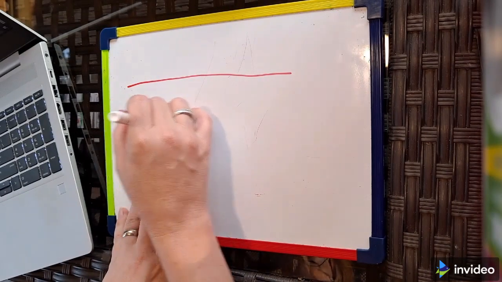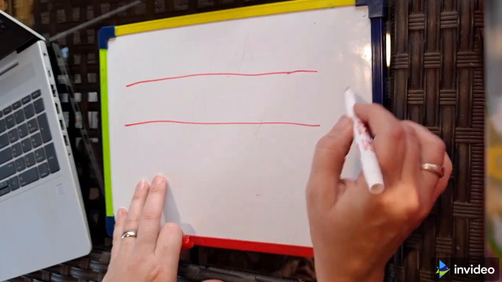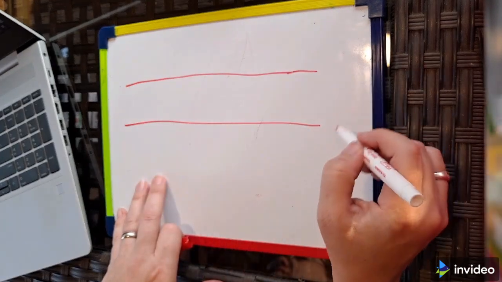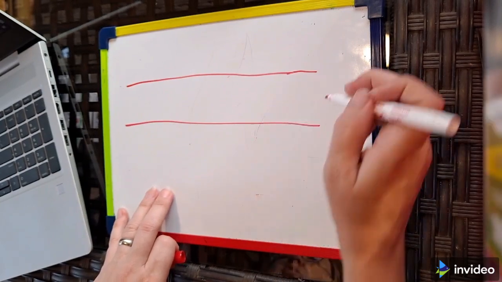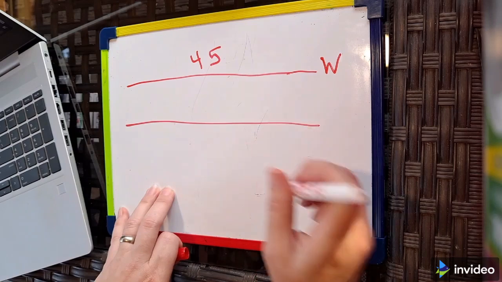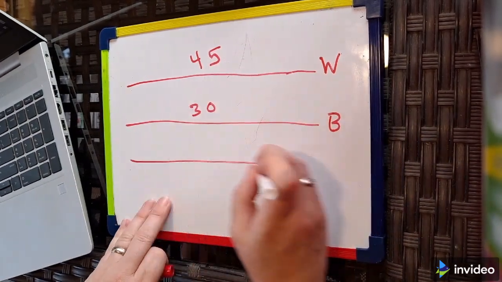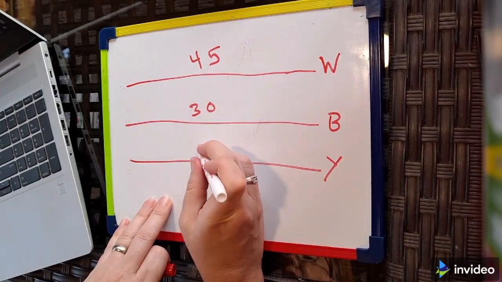One more here. A teacher plans to use ropes to make stations in the gym. Each rope is a different length and color. I don't know if I can really draw that, except I'll draw a couple ropes. I'm going to anticipate that each one's going to be a different color, and I might put the first letter of that color. The white rope, W for white, is 45 feet long. The blue rope is 30 feet long, and the yellow rope, Y for yellow, is 10 feet long.